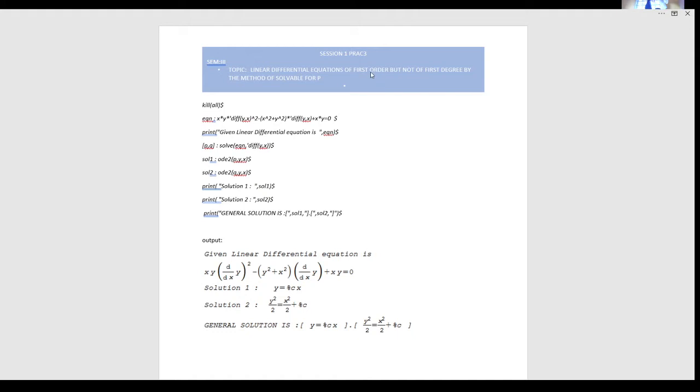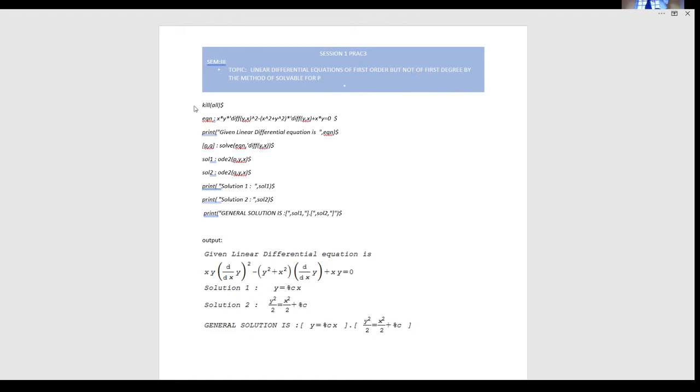First order means we have the first derivative in the equation, that is dy by dx, or y dash, but not of first degree means the power of the highest derivative in that equation is not 1, it is more than 1.